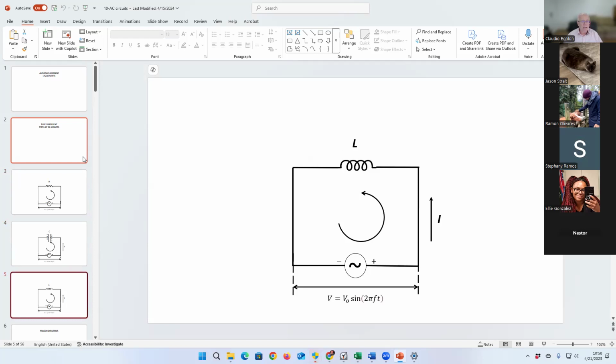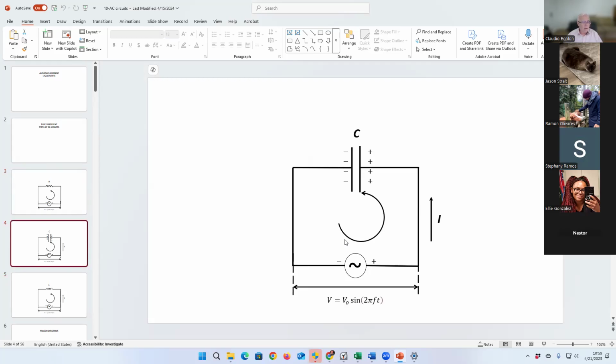The three basic elements in electricity and electronics. At this instant of time, the generator has this polarity here, and the current is flowing in a counterclockwise direction, not just for this circuit with an inductor, but also for the circuit with the capacitor and the resistor.